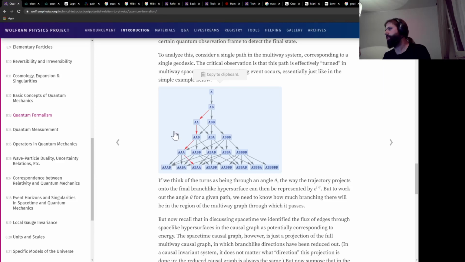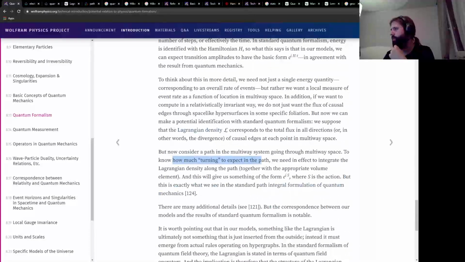What they're saying is it's a function of the flux, and by flux maybe I understand something that describes all these geodesics passing through that specific point, and that tells you how much turning you can expect, I guess. So that's why they make a correspondence between the Lagrangian and the flux.